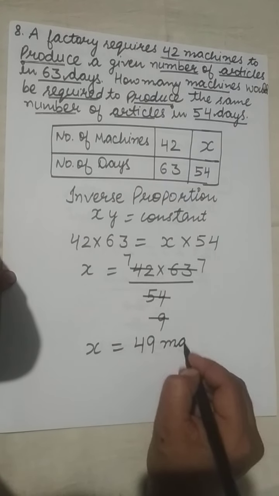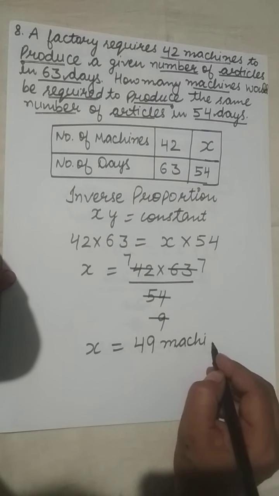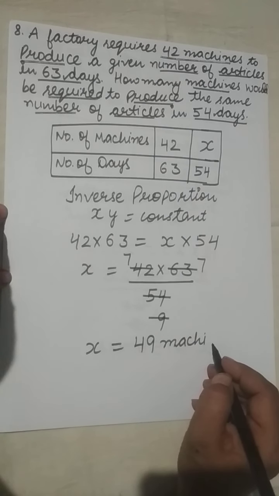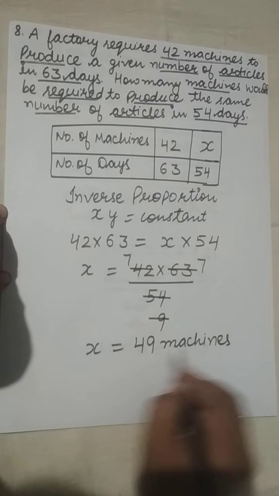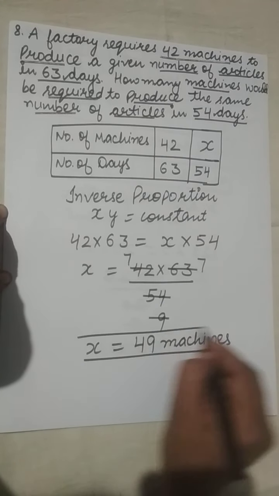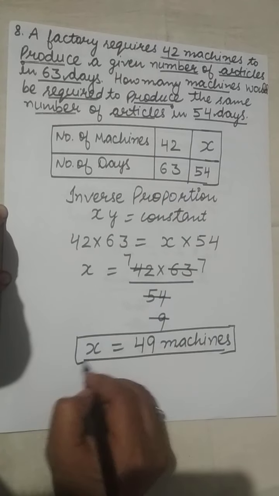It means 49 machines are required to produce the same number of articles in 54 days. So 49 machines is the answer.